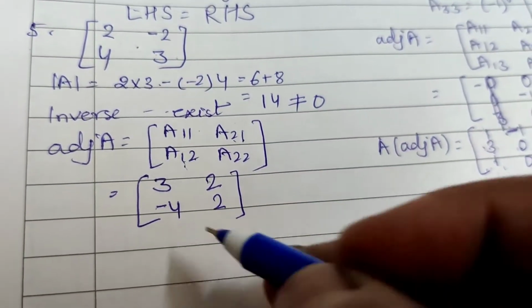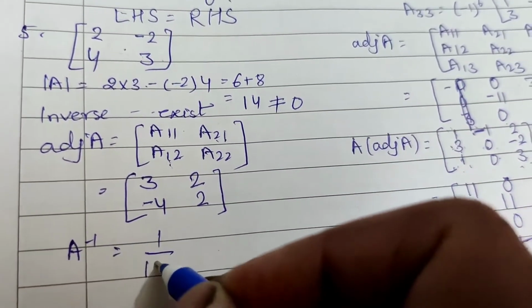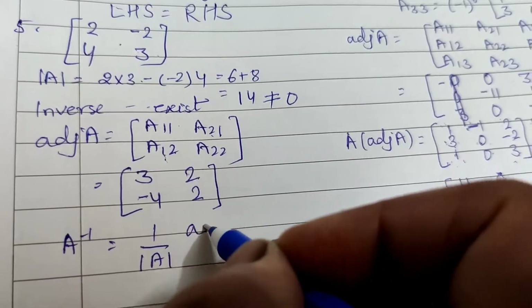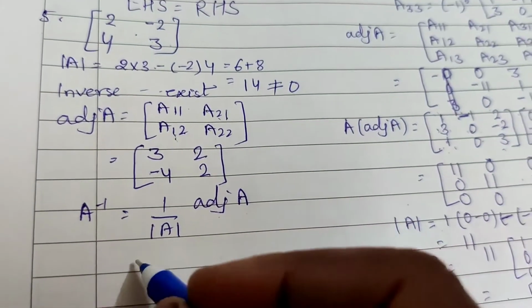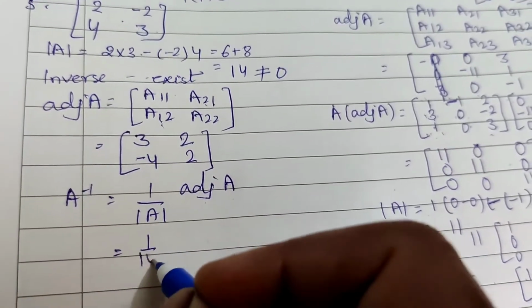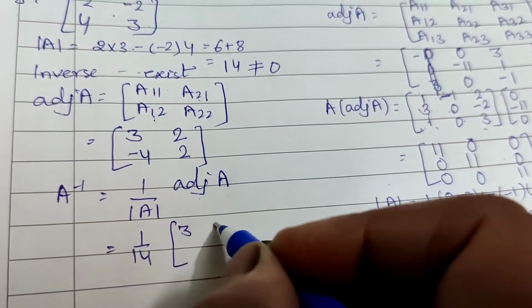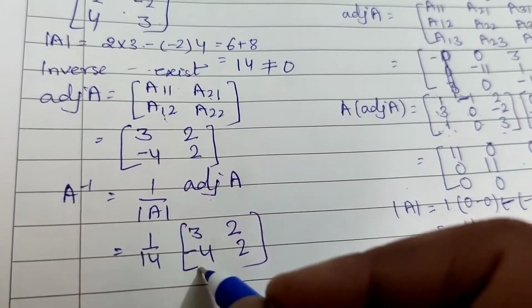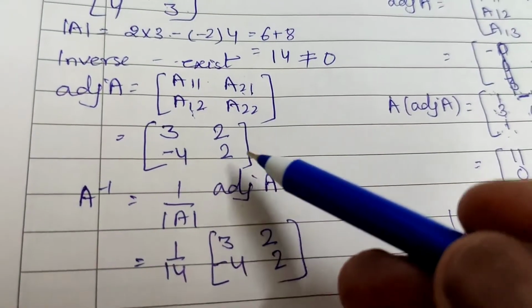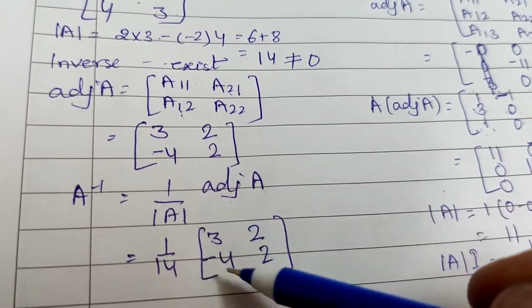Okay. The inverse is equal to 1 upon determinant value into adjoint of A. This will be equal to 1 by 14, and matrix of adjoint A means 3 2 minus 4 2. This is the inverse of A. Just we have to find the determinant value and adjoint divided by the determinant.